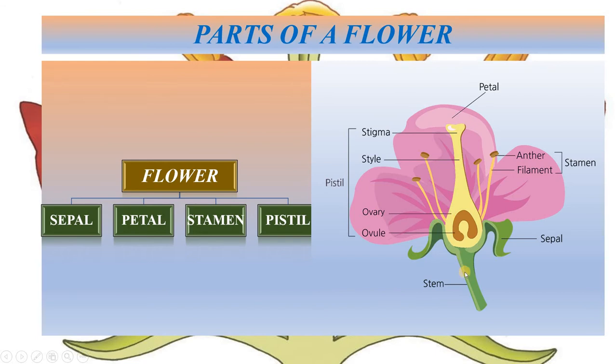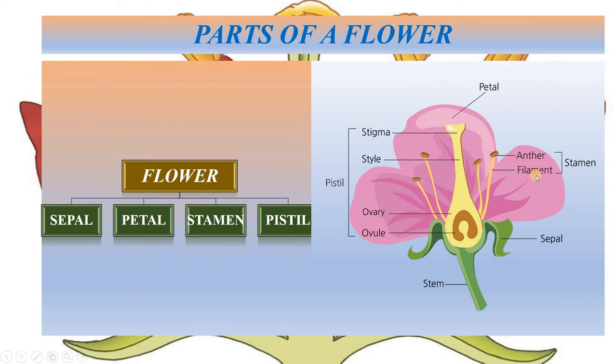Since the sepal is green in color, it contains chlorophyll. Now this colorful part is known as the petal, and two more organs are present. One is the stamen, that is the male reproductive part, and another one is the pistil, that is the female reproductive part. Each and every part of a flower I will discuss in detail today.